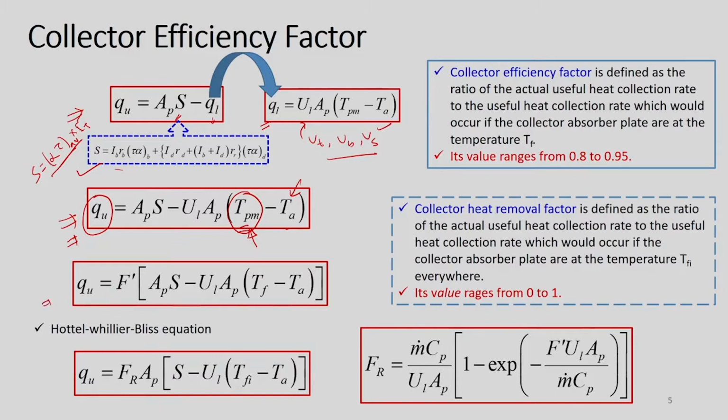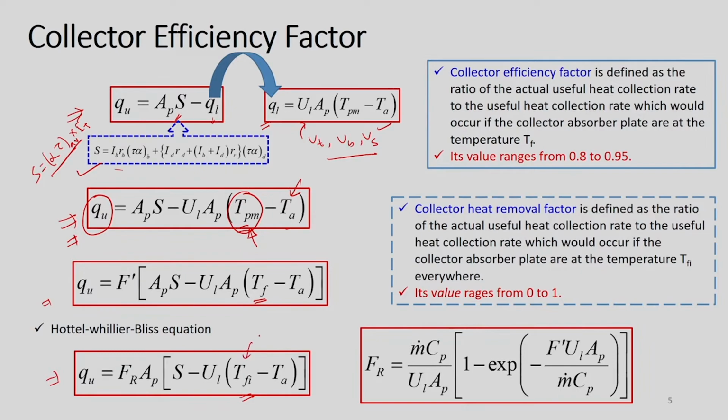This QU is equal to F dash of something, and then we will have TF, the local fluid temperature, and this Hottel-Whillier-Bliss equation, who developed this expression for useful heat gain, is a function of TFI. Because this TFI, the inlet fluid temperature, we can always measure before entry of the fluid in the tube.